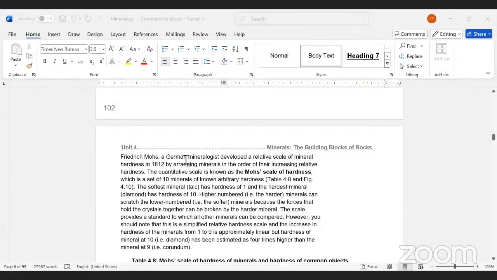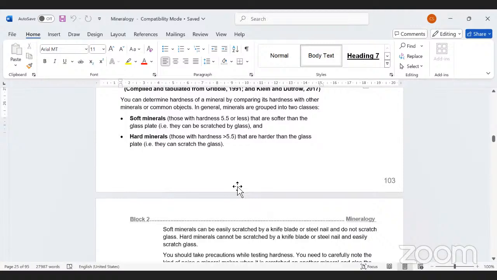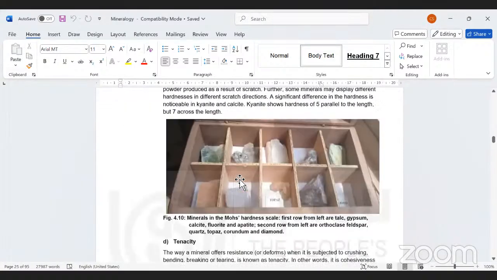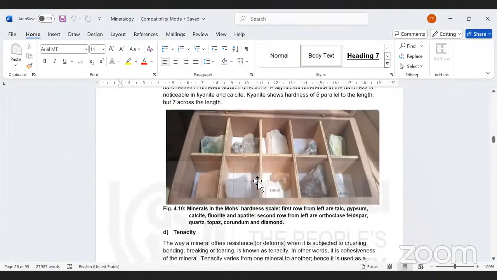You see here, Friedrich Mohs was from Germany, not Australian or Canadian. Don't get confused. Now this is the arrangement of minerals in our laboratory.